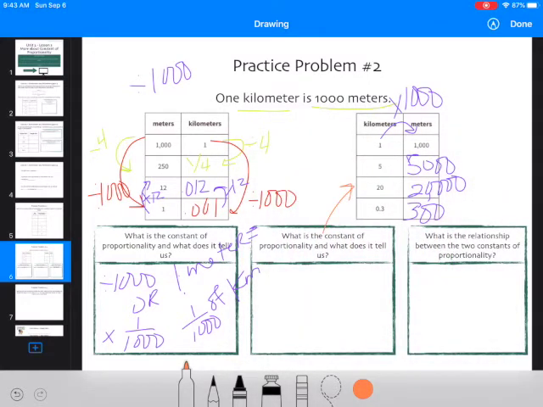In this one, our constant of proportionality is multiplying by 1,000. What does it tell us? That 1 kilometer is equal to 1,000 meters. What is the relationship between the two constants of proportionality?